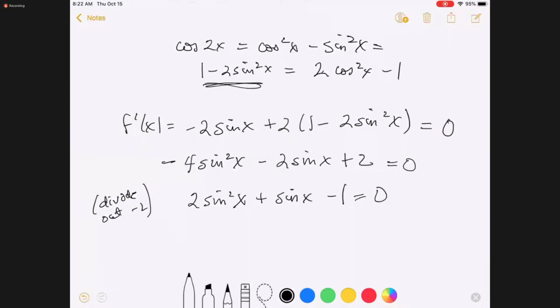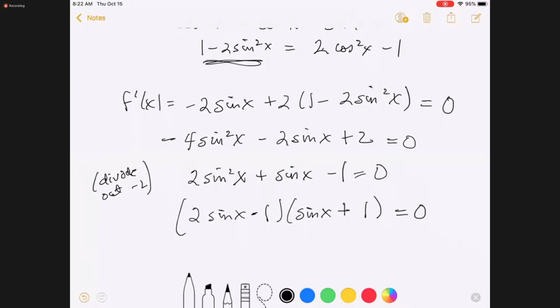Well, that's in terms of sine of x, but does it factor? That's got to be 1, and I want that to be a plus. So maybe like that, and let's check. 2 sine of x minus sine of x is plus sine of x. And then minus 1 and 2. Yeah, I think that works.